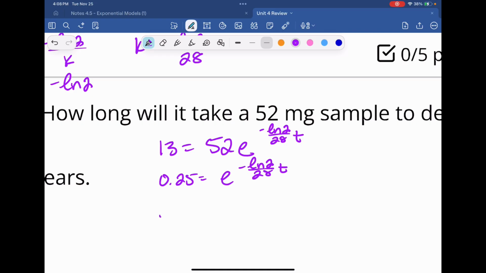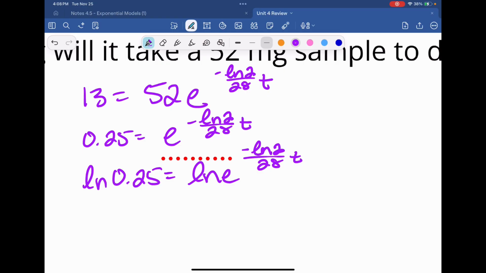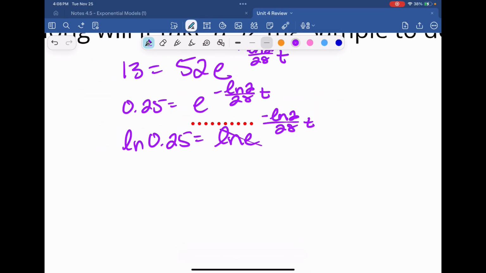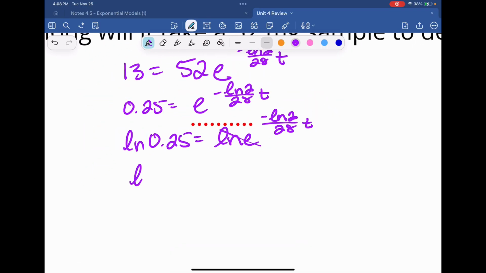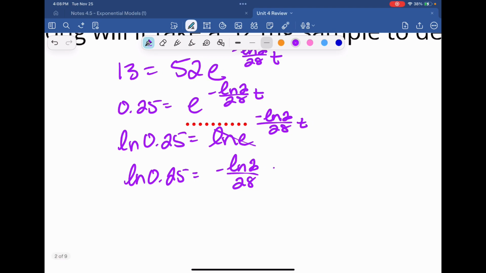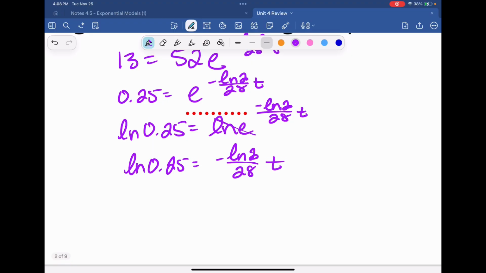I'm going to raise both sides and take the ln of both sides. When you take an ln, it cancels the e. And then I'm going to divide by the negative ln of 2 over 28.